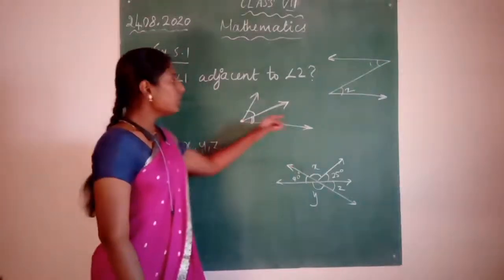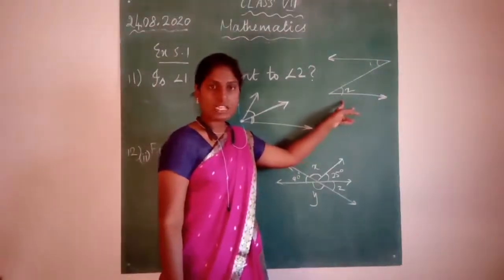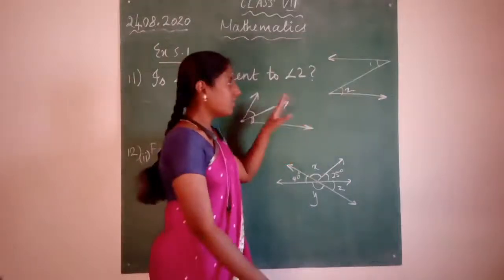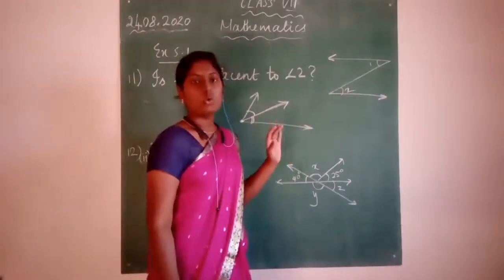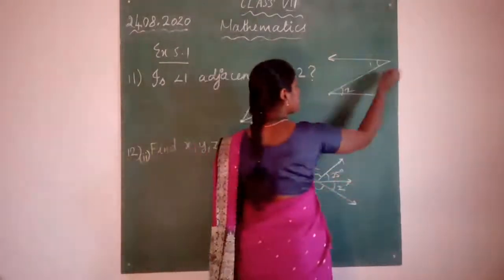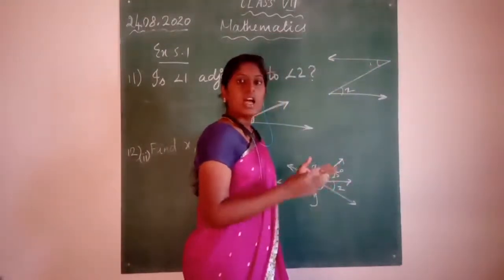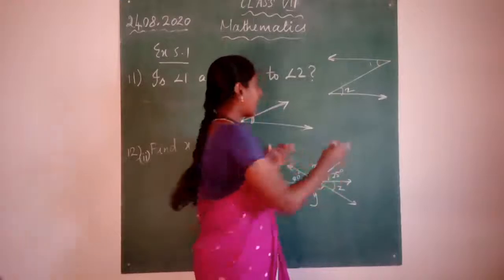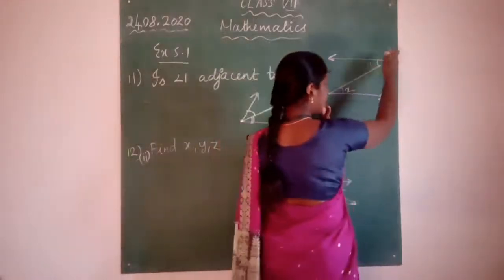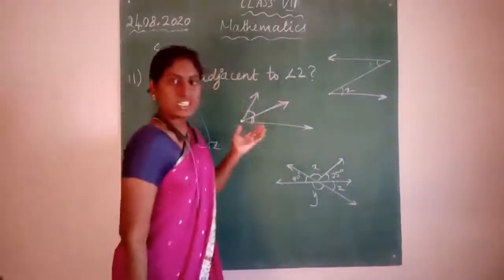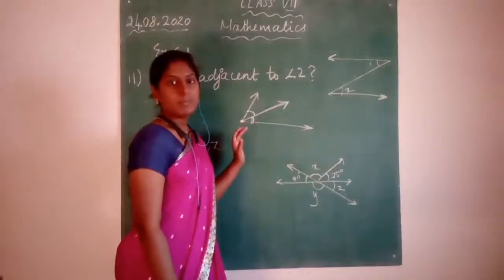But what about this figure? Do angle 1 and angle 2 have any common vertex point here? No. This vertex and this vertex are different. So they cannot be adjacent angles. Maybe they have this arm as the common arm, but the other condition fails here, so they cannot be adjacent.